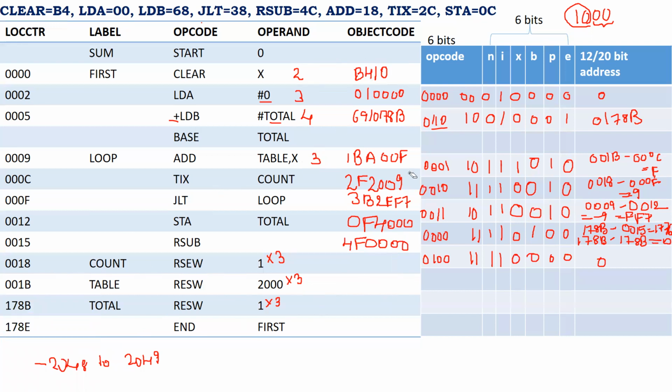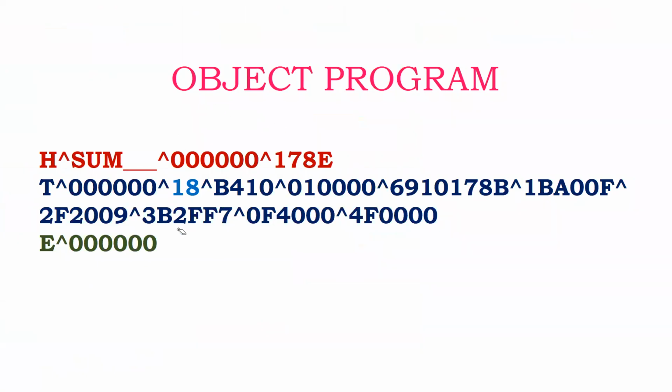So now let us write the object program. This is the object program for the given example program that we solved now. The first row is the heading, where the first column is capital H, which represents the heading, and the next 6 columns are for the name of the program.